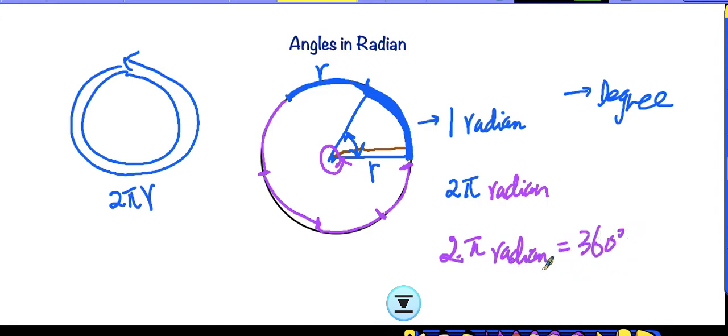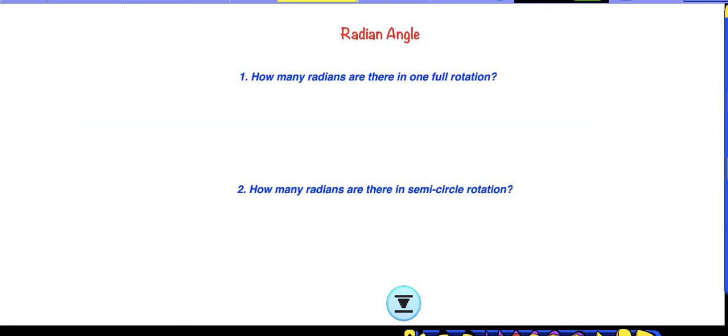That's the relation between radian and degree. Okay, let's simplify this and summarize these two questions. How many radians are there in one full rotation? We know one full rotation is 360 degrees, which as we mentioned is 2 pi radians.